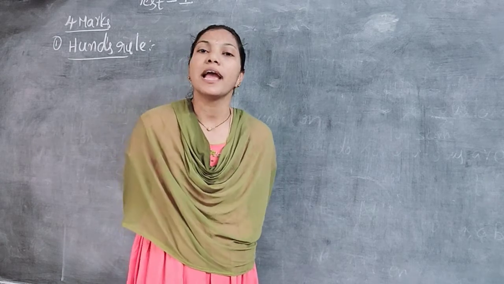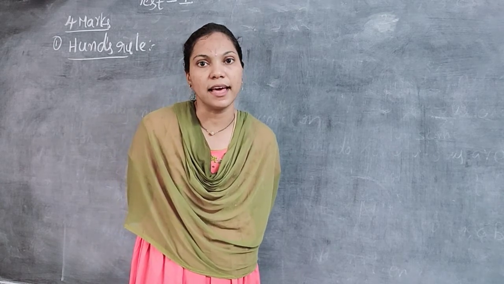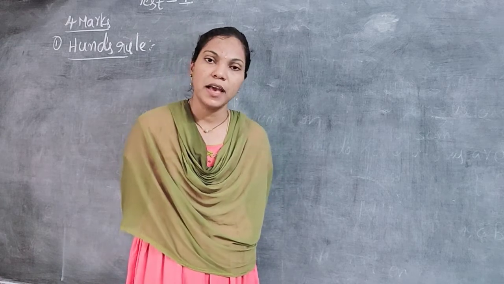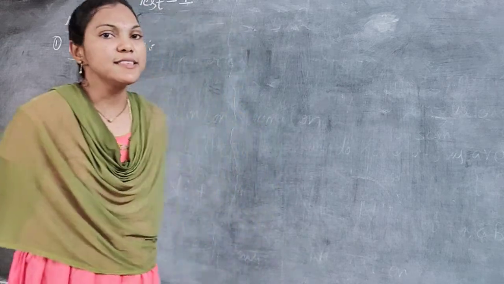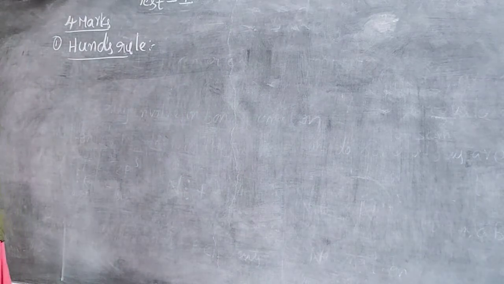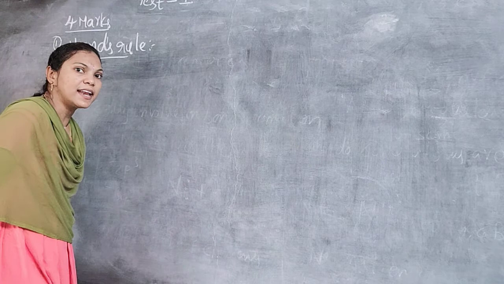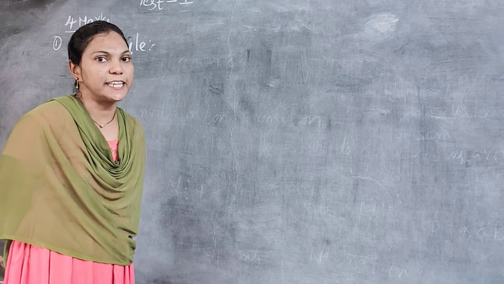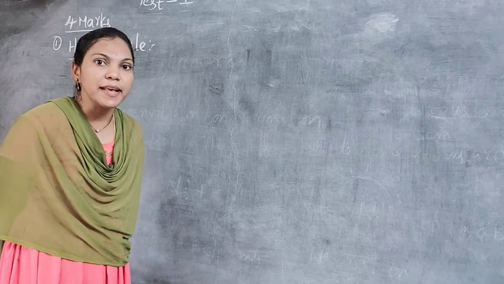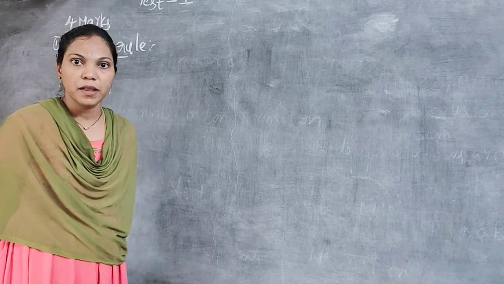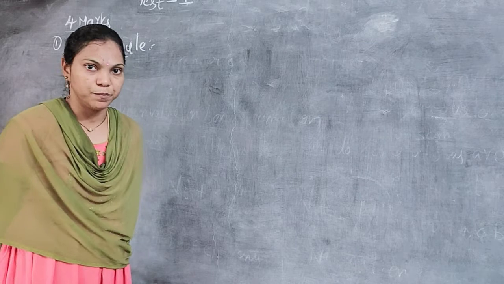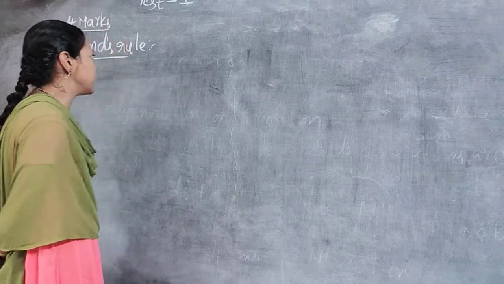Then after that, electron pairing is done in the remaining orbitals. This law is known as Hund's rule. So the rule is: electron pairing is done only after the available empty degenerate orbitals are singly occupied. Then pairing is possible.